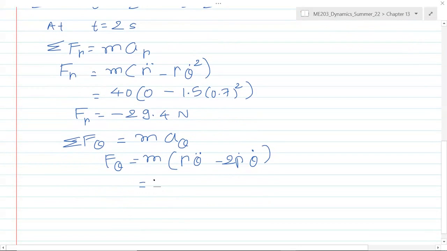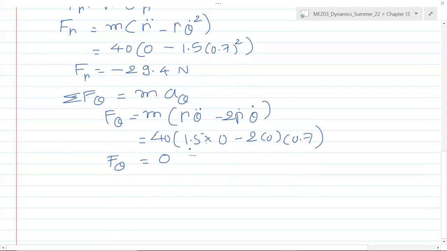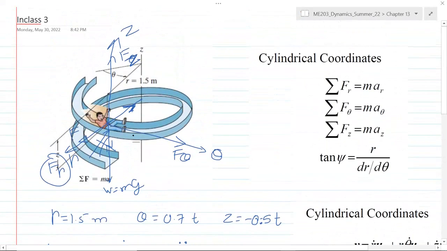When we substitute all the numbers here, 40 kilograms, radius is 1.5, theta double dot is 0, r dot is 0, and theta dot is 0.7, this is actually 0 plus 0. So 0 multiplied by 40 is 0. F theta is 0. It means that there is no normal force along the theta direction, which is the direction the boy is sliding. That makes sense because this is the direction he's sliding and there is no opposing force.